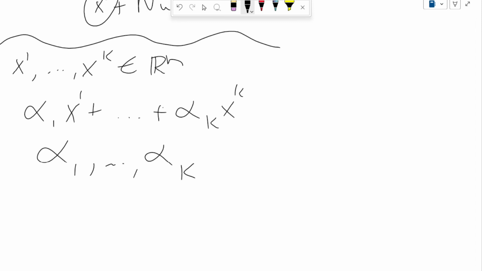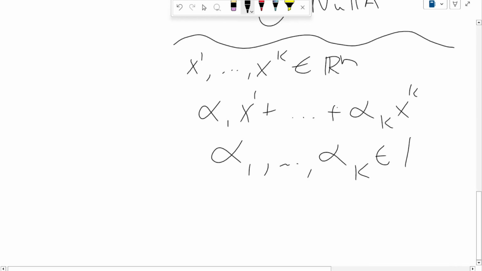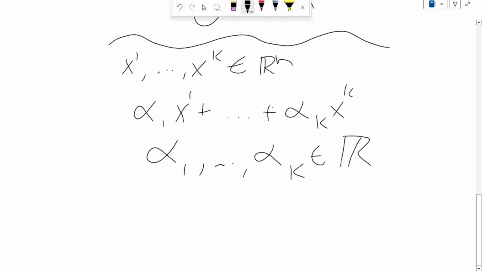These alphas are all going to be scalars, right? And so we just take any linear combination, so any sum of these vectors with any scalar multiple we want, and that's called a linear combination.